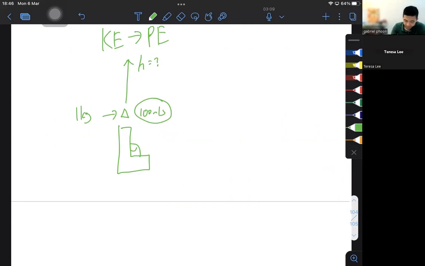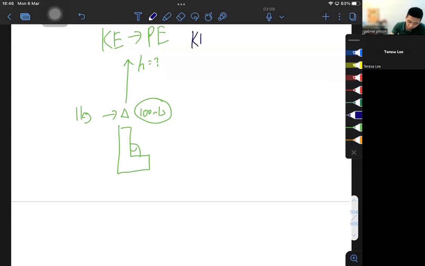What do you find first? What energy is it? Kinetic energy.